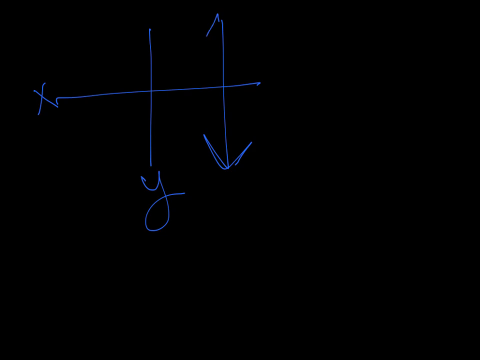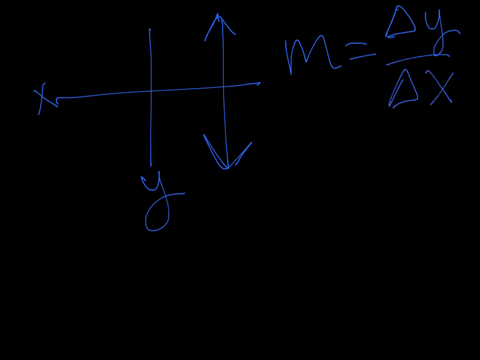When you see a vertical line, well, in this case, remember m, the slope, equals change in y over change in x. Well, this y is going up, right? So it's going to be some number over 0 because there's no horizontal movement of a vertical line.